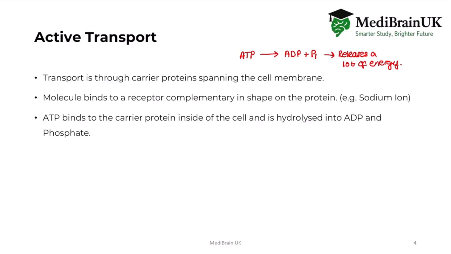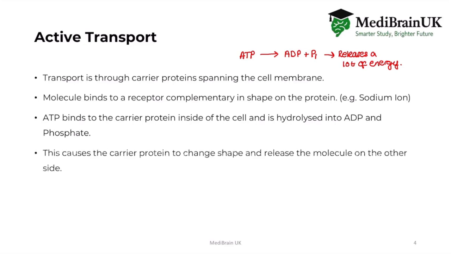So the molecule has bound to the outside of the plasma membrane, and an ATP molecule has also bound to the inside of the cell. And that ATP molecule is hydrolyzed, which means that it releases energy. It's hydrolyzed into ADP and a phosphate. So it's released a lot of energy.